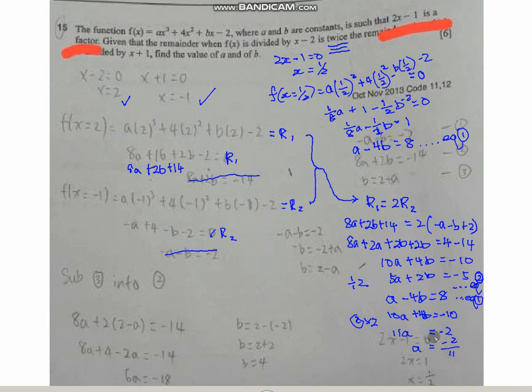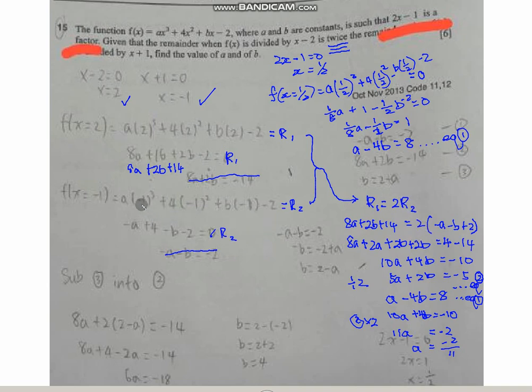I think there's something wrong here. Somewhere here in the substitution, the method I already showed you how to do. You go and look at the details of these. There could be something wrong here. Let's check 2b. 16 is correct. This 8a plus 2b, plus 4b, twice the remainder.